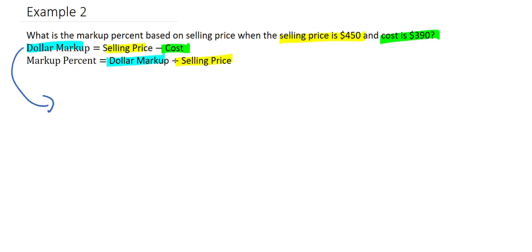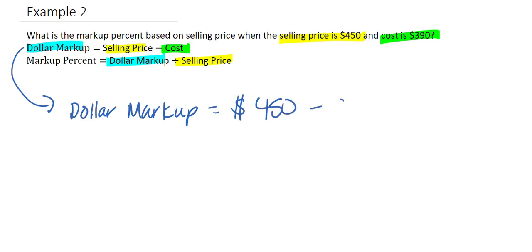So we're going to put the first one here. Dollar markup is equal to 450 minus 390. Well, that would just be equal to $60.